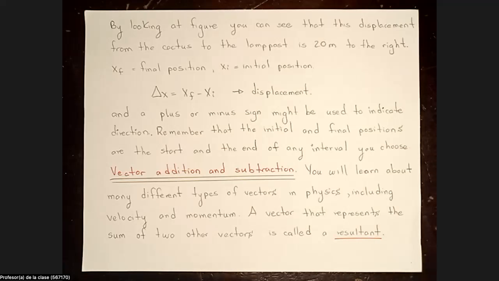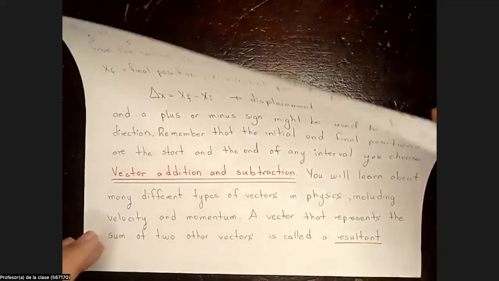You will learn about many different types of vectors in physics, including velocity and momentum. A vector that represents the sum of two other vectors is called a resultant. That will be a resultant.